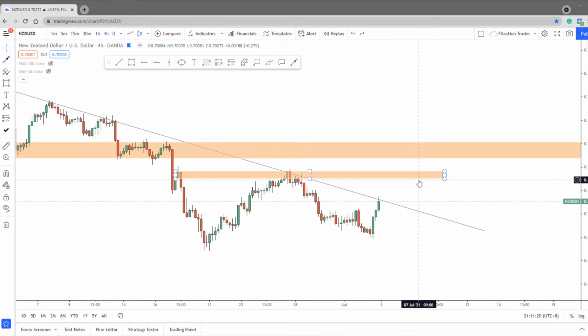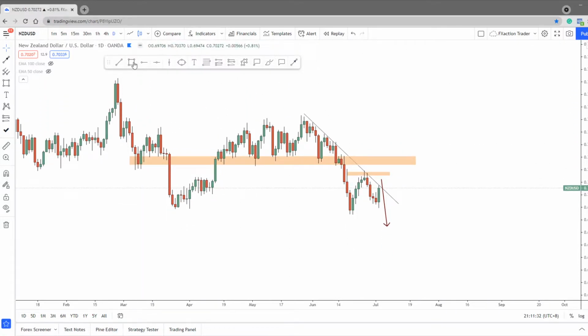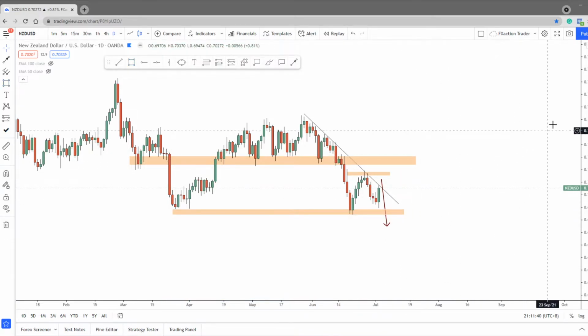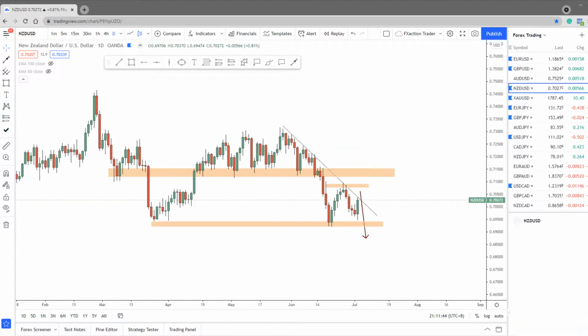Otherwise, we are still going to look only for sell signals. We wait for the market to do another retest, or wait for another sell signal to continue shorting this pair until the market reaches the previous low at 0.64 to 0.96427. So we are still bearish on the New Zealand dollar.